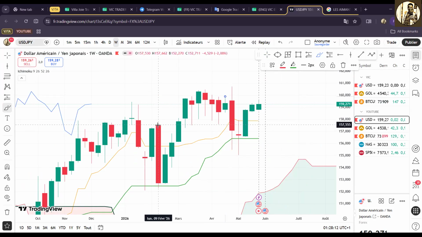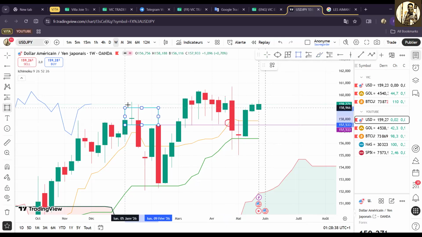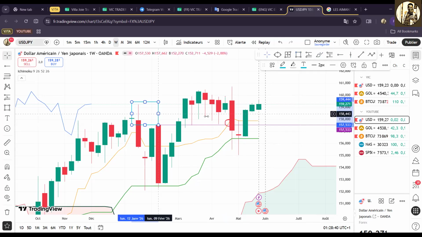First of all, let us identify the resistance and the support on the left. This level, right? I will place a horizontal line like this. When Tenkan enters above this horizontal line, most of the time I'll take a rectangle like this and place it.